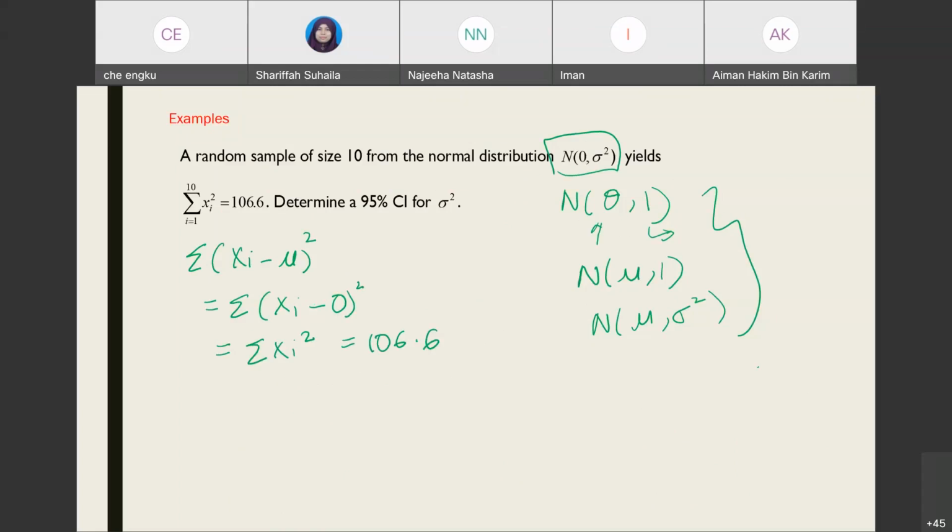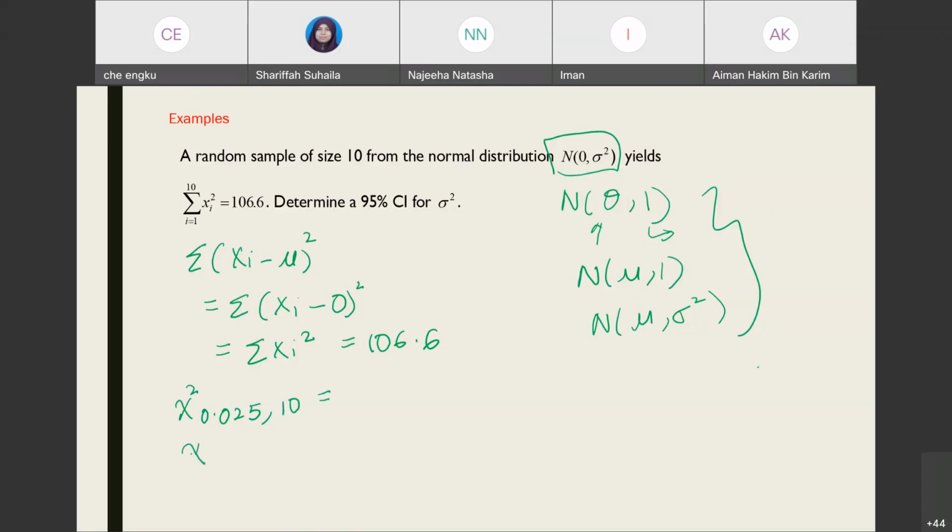Okay, observe. Again, what were we saying? 95% confidence interval. So you need chi-square values, which you can get from the table. Chi-square alpha 0.05, divided by 2, so 0.025, degree of freedom 10.